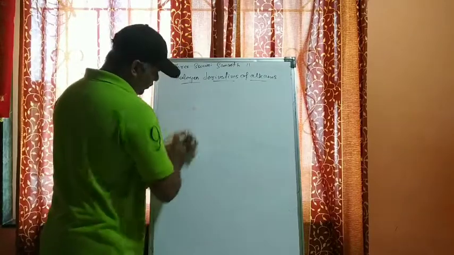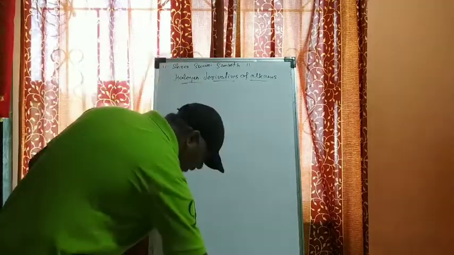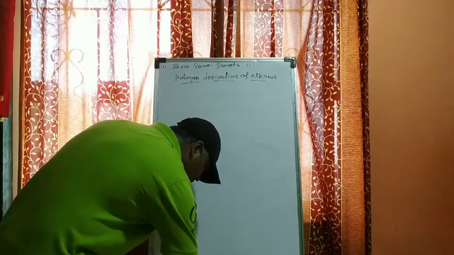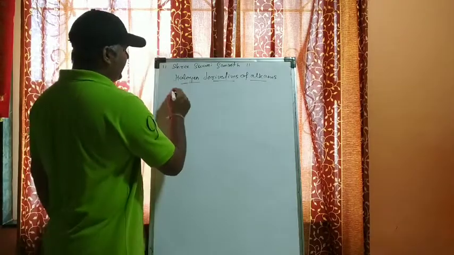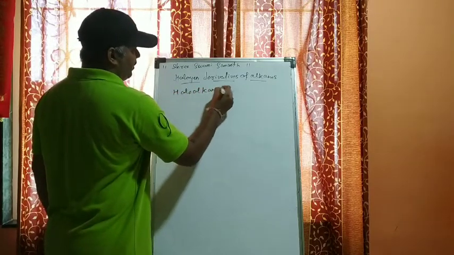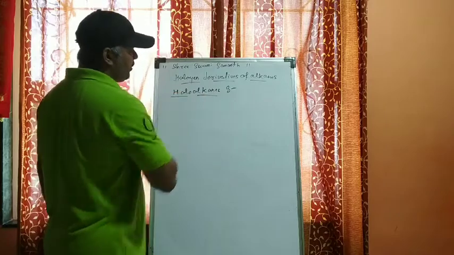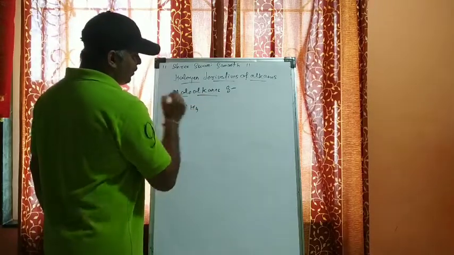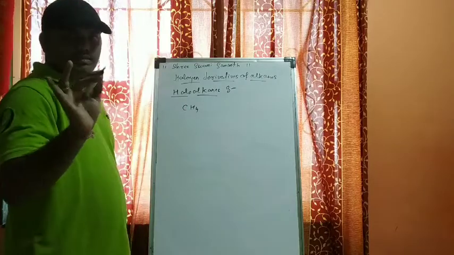Okay, now let's move further. Let's take the example, one by one, of haloalkanes. In the case of haloalkanes, I can take the example of CH4. Right, now this is methane.